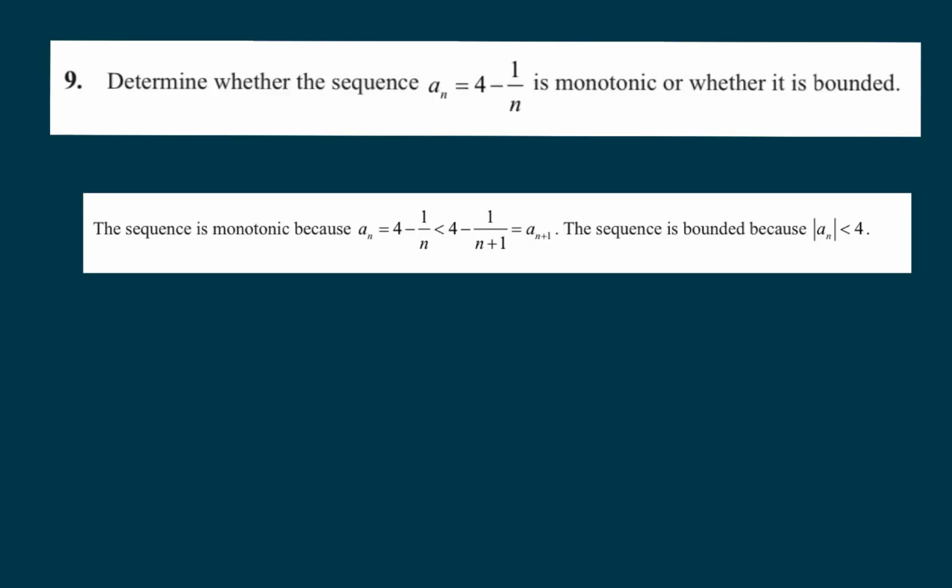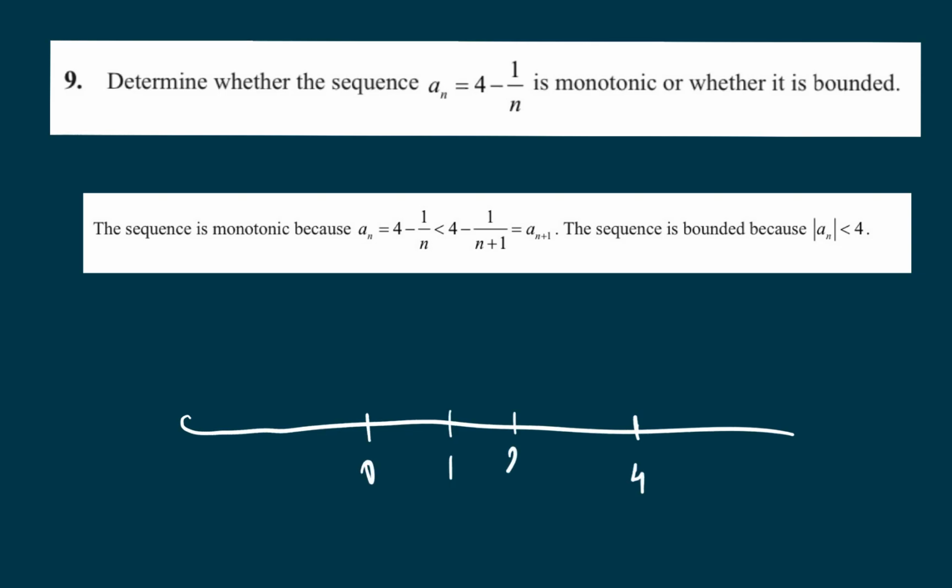Determine whether the sequence a sub n equal 4 minus 1 divided by n is monotonic or whether it is bounded. This is the 0, this is the 1, the 2, and the 3. When n equals 1, it's 4 minus 1 divided by 1, which is 3.